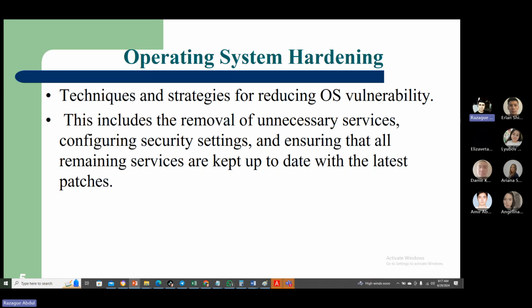By implementing these hardening techniques, organizations can significantly enhance the resilience of their systems against cyber threats, thereby protecting sensitive information and maintaining the integrity of their IT environments. This foundational security strategy is essential for any organization looking to strengthen its defensive posture in the face of increasingly sophisticated cyber attacks.